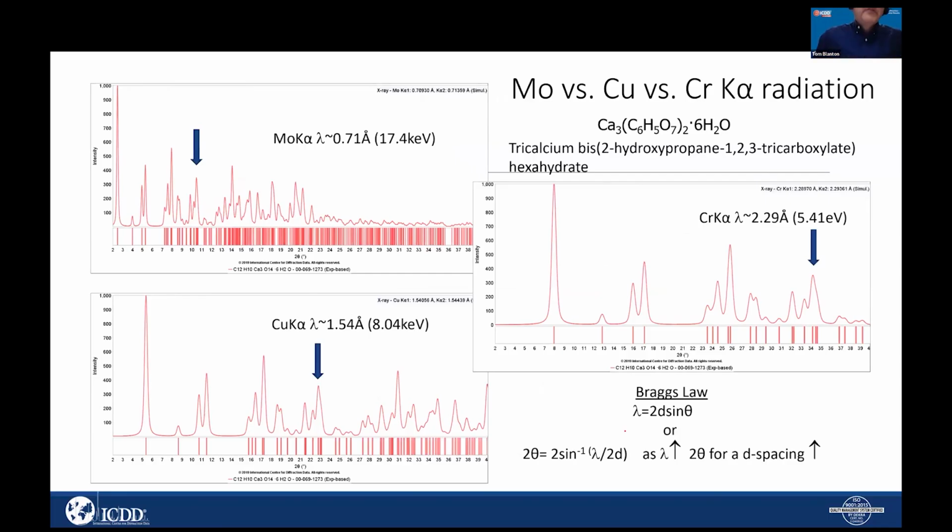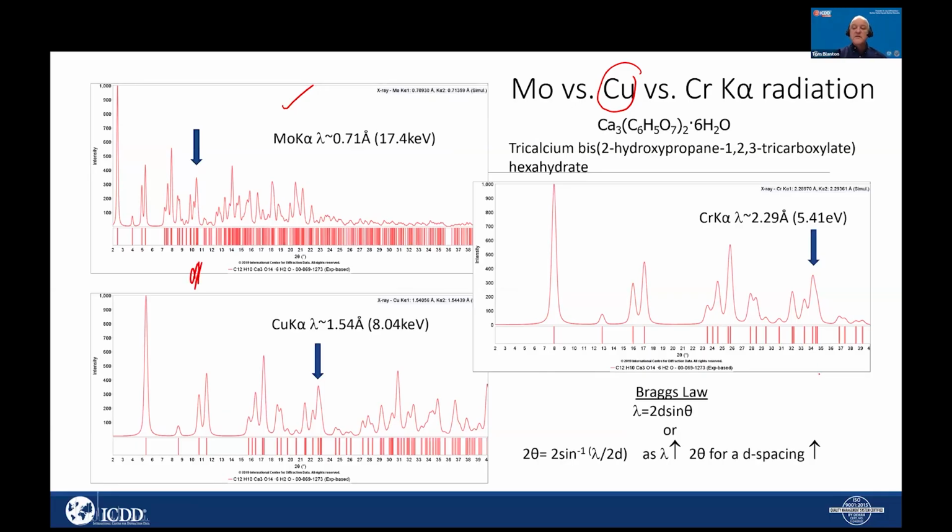Now, in the choice of your radiation, we commonly hear for powder XRD that the most common radiation is copper. Sometimes you will hear cobalt, you hear some other radiations. But if you compare molybdenum versus copper versus chrome, and we look at a particular diffraction pattern and focus on a specific diffraction peak, you can see that for molybdenum radiation, that peak shows up at a lower 2 theta.